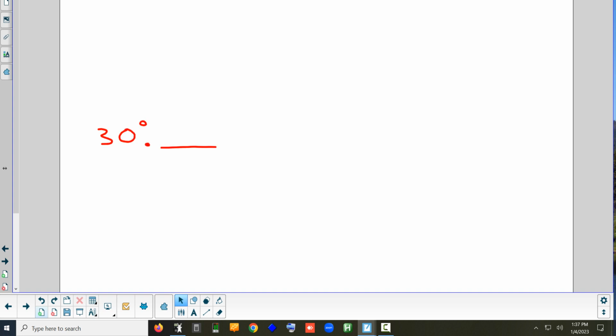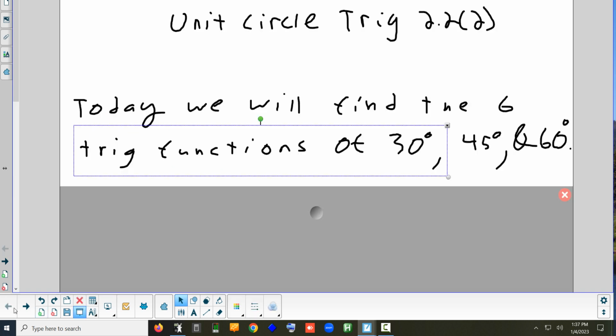Multiply by 180 on the bottom, and pi goes on top. All right, so now we're going to convert it and see what it is. What can 30 and 180 be reduced by? 30 goes into itself once. How many times does 30 go into 180? 6. So 30 degrees is pi over 6.